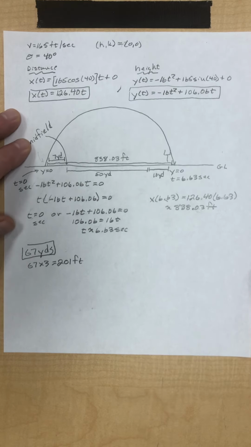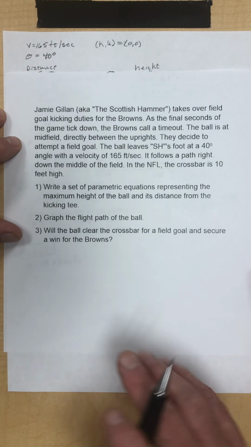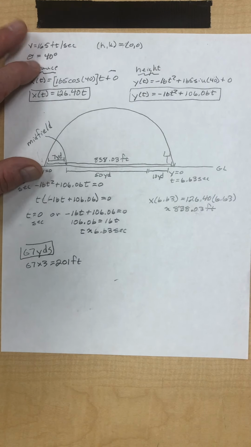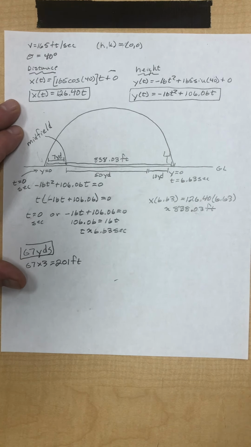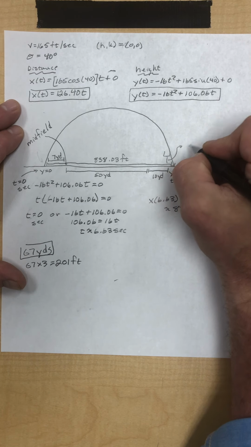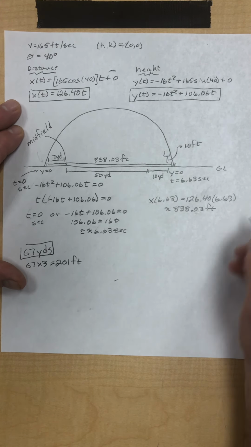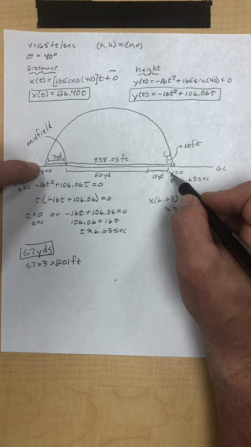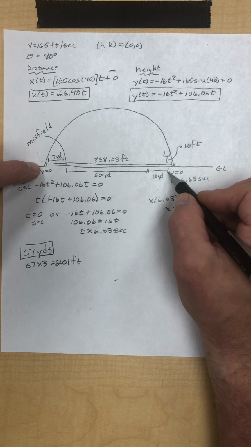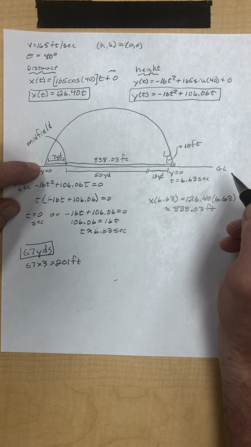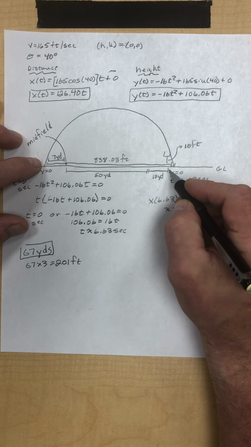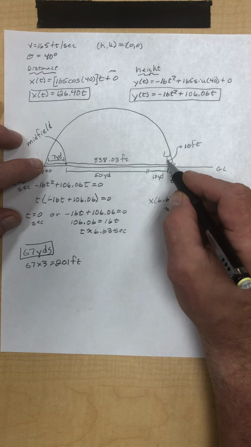So we go back here and we say, okay, well, what's going on? In the NFL, the crossbar is 10 feet high. So that means this right here is 10 feet. So at 201 feet, how high is the ball? So we've got to figure out, well, how many seconds does it take for the ball to reach 201 feet?